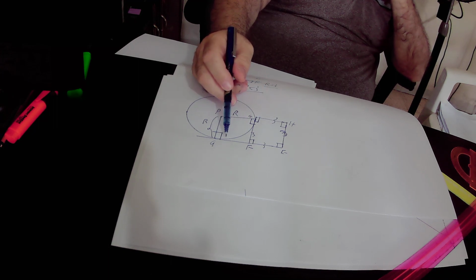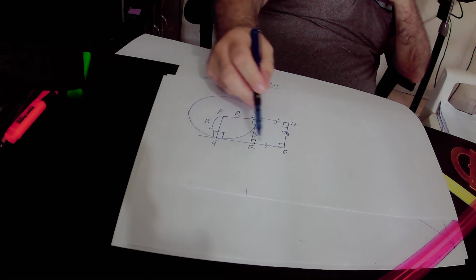QE is part of side BC, therefore it is absolutely a straight line.